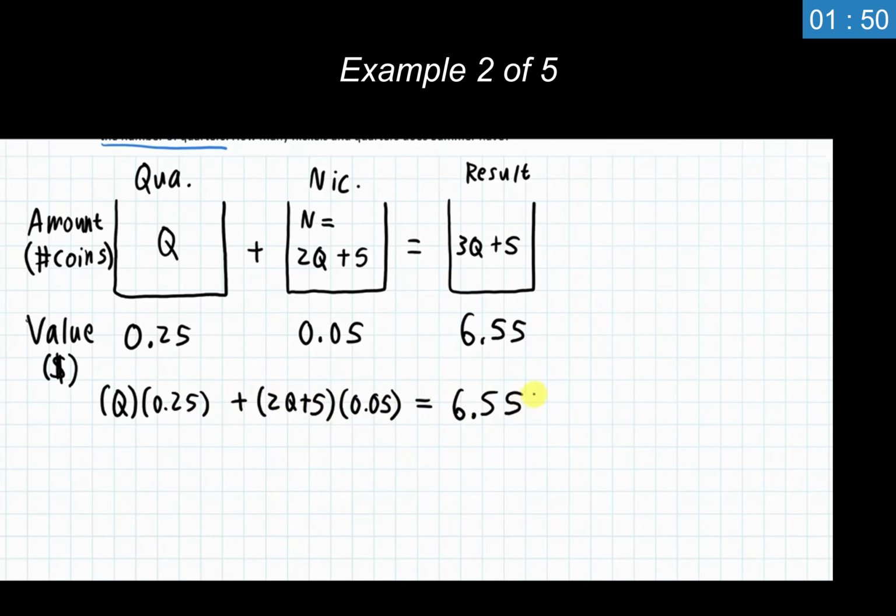And remember that if we are working with dollar amounts, the resulting thing over here is not going to be the amount of coins times the total value. It's just going to be the total value. So from this point, we have our overall equation set up, and we can solve this using all of our previously learned methods.